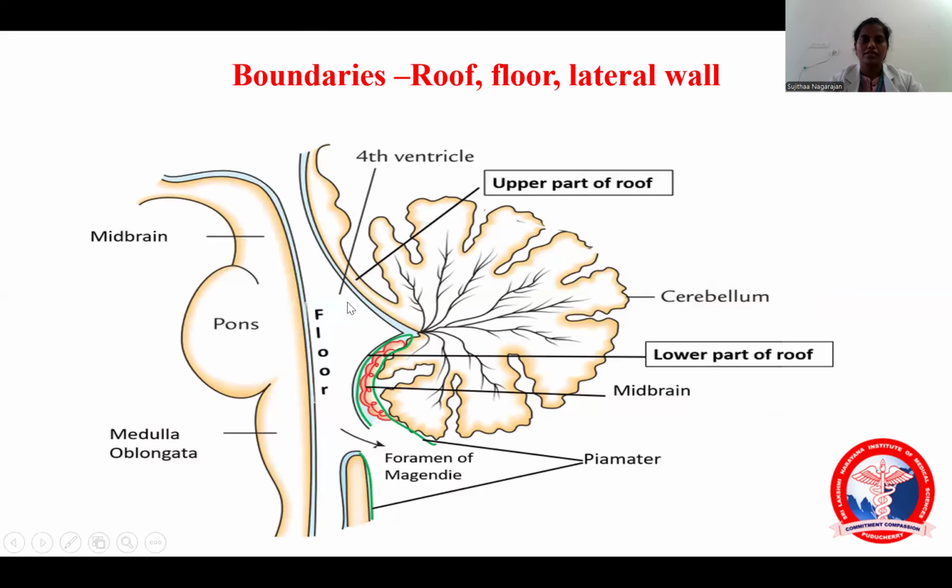So let's see about the roof and floor in this picture. When we keep the cerebrum, cerebellum, and brainstem in the anatomical position, we can see the cerebellum is slightly above. So the cerebellum forms the roof and the brainstem, pons and medulla oblongata, forms the floor.